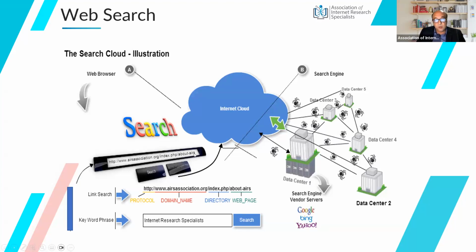So when you hit the search with this link, it is going to look for the page about AOFIRS, and where it's going to look for it is in the data centers.